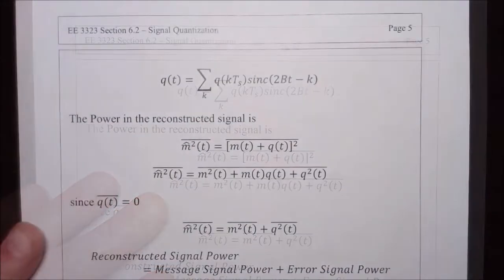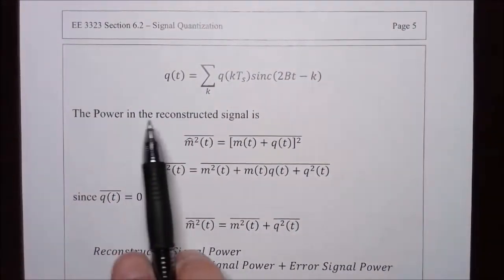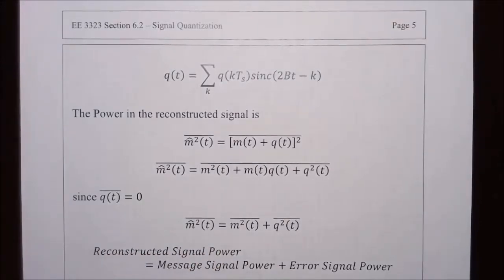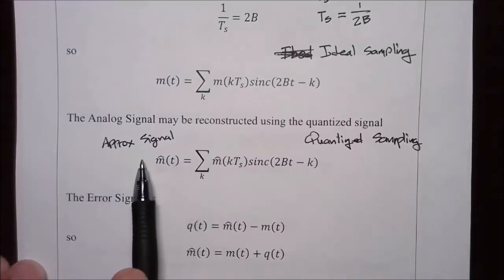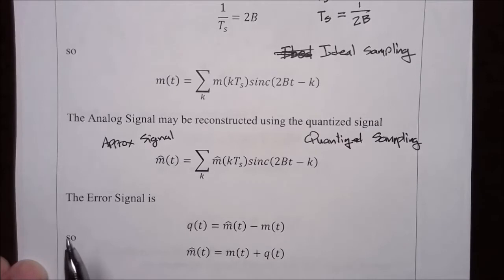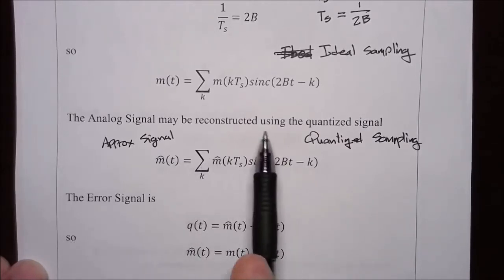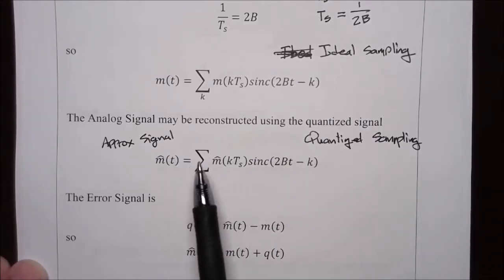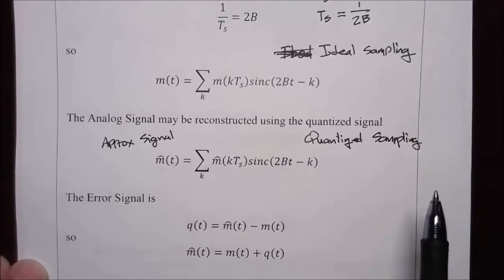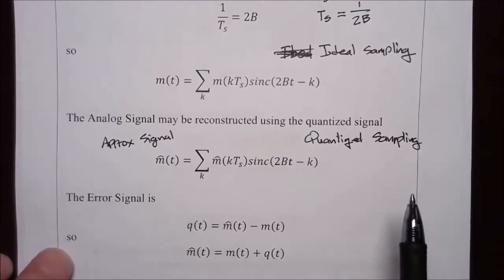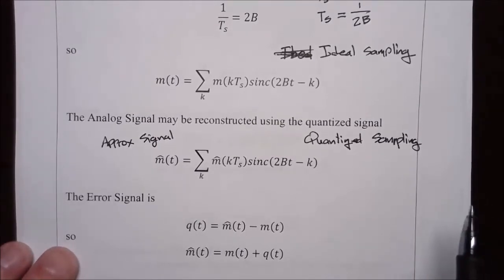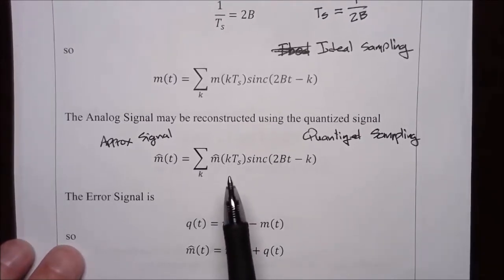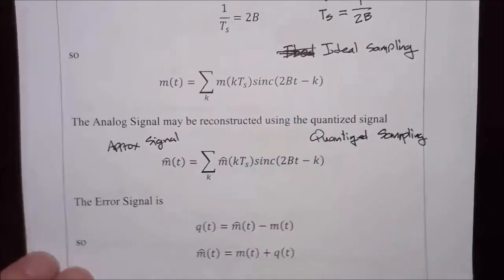Now what we want to do is find the power in the reconstructed signal. So we would take this reconstructed signal m hat, square it and take the time average. When we square this summation, we're multiplying two infinite sums across each other and then taking the time average.